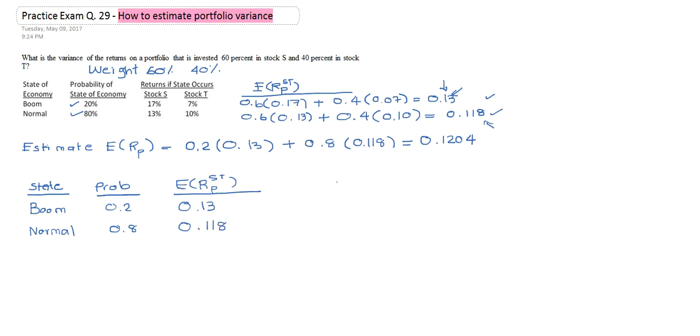Because this is the return for each state and we have the expected return for all states, this is the mean.